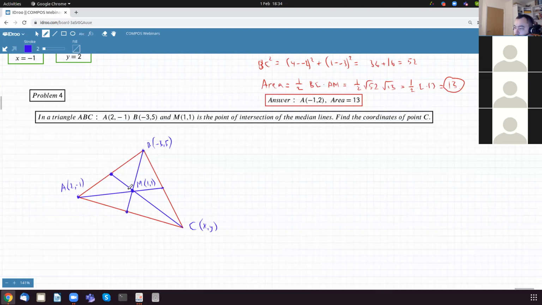PQ. Find the midpoint of AB. Then line that goes to the midpoint of AB and M. Okay, that's a great idea actually.